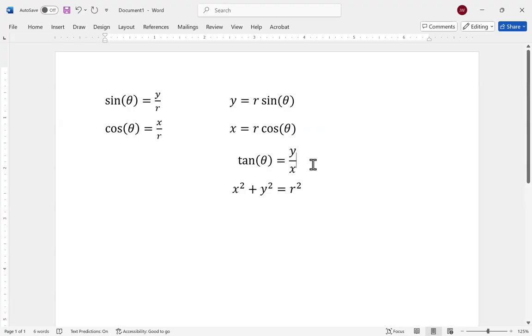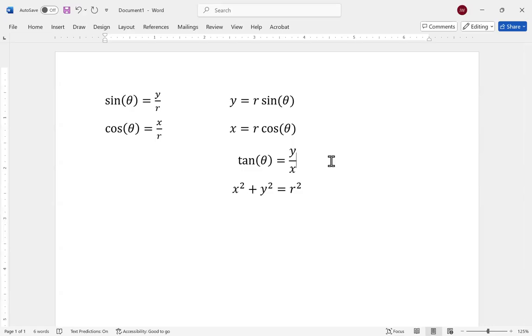Now on these bottom two equations, usually we find theta with this equation. If I'm given x and y, I use this equation to solve for theta or to find theta. Now, you could say theta is equal to inverse tangent of y over x.